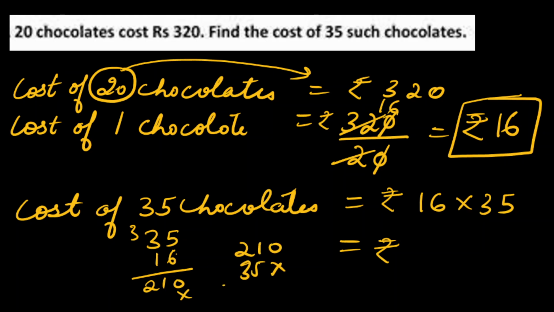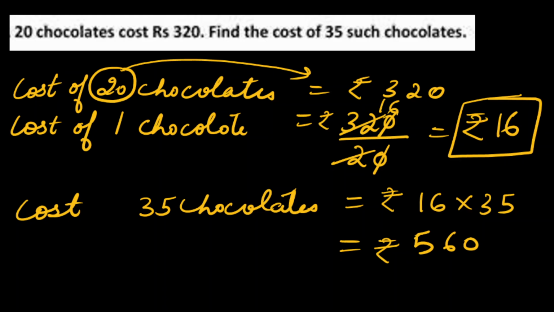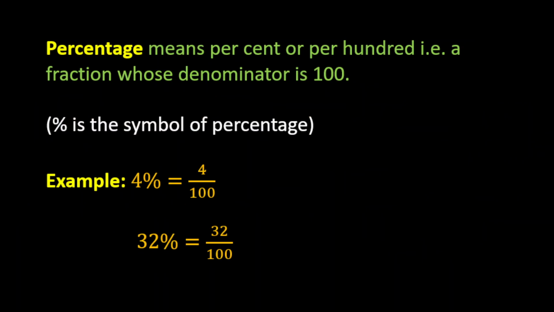Then we'll get our answer as 560. So the cost of 35 chocolates is rupees 560. So here you just have to remember first division, then multiplication in case of unitary method.